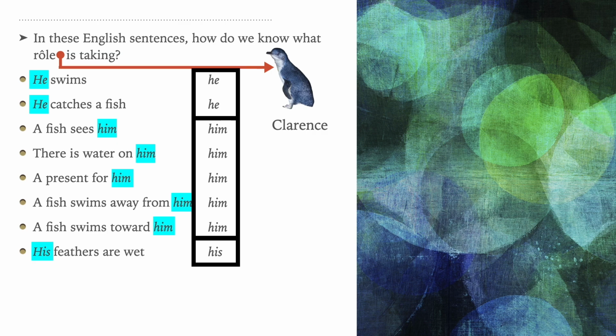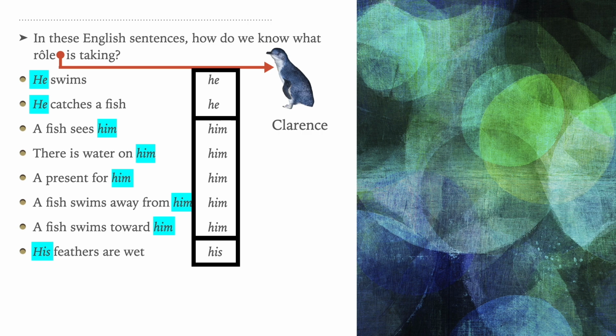The sentence structure remains the same, but we've decided that we want to make it super, super clear who is doing what. So whenever we see he, we know that that person or penguin is doing something or is the topic, the subject of this sentence. Whenever we see him, we know that they are receiving something. There's water on him. They're not really doing anything, but they are experiencing something or receiving something.